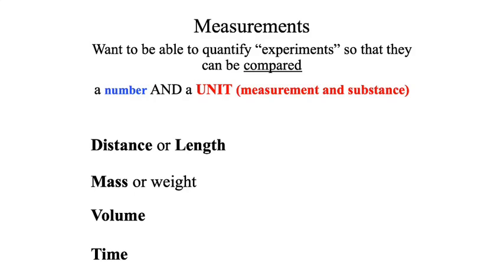Science is not about values, which sounds kind of weird. It's about putting meaning behind those values. That meaning comes from our unit. That unit has 2 pieces, a measurement and a substance. When we said 2 sheep, what was the measurement? The number was the 2. What was the measurement?